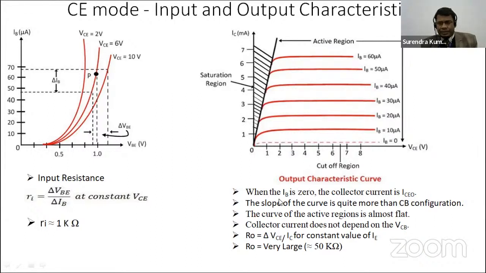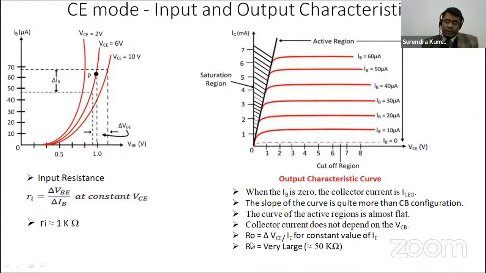These are the important properties of common emitter configuration. When IB is 0, the collector current is ICO, the slope of the curve is quite more than CB configuration. The curve of the active region is almost flat. Collector current does not depend on VCB. All these three important points we have already discussed.